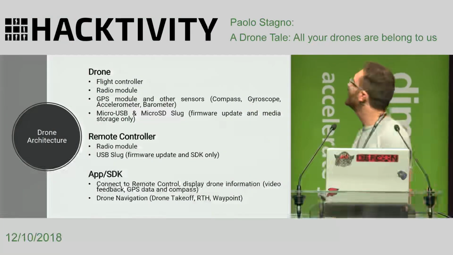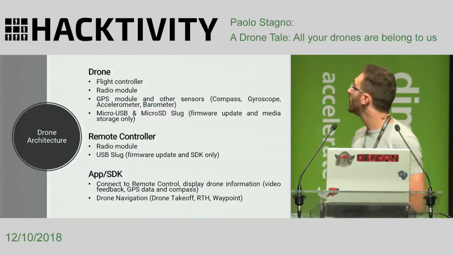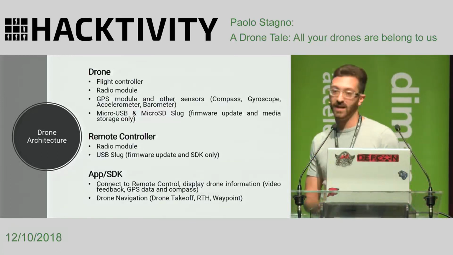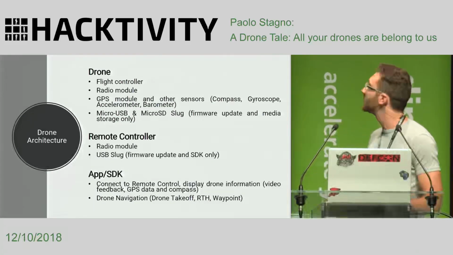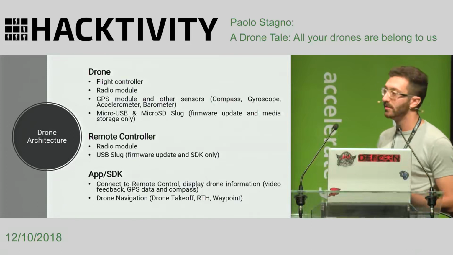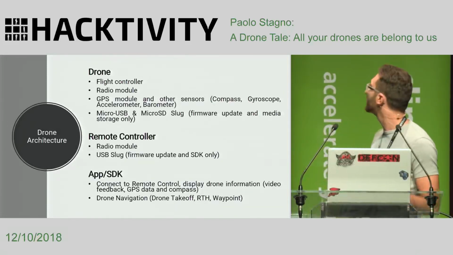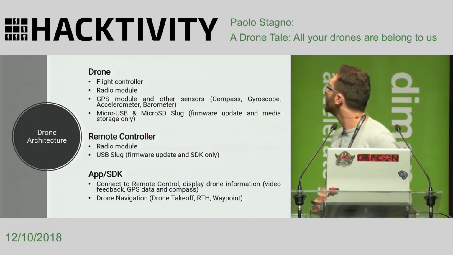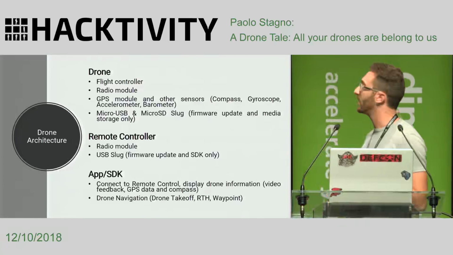Now I will introduce you to the drone architecture and its components. The drone, the main aircraft, has a lot of technological components like the flight controller, the radio modules, a GPS module and sensors like the compass and gyroscope. There is also another part, the ground controller.